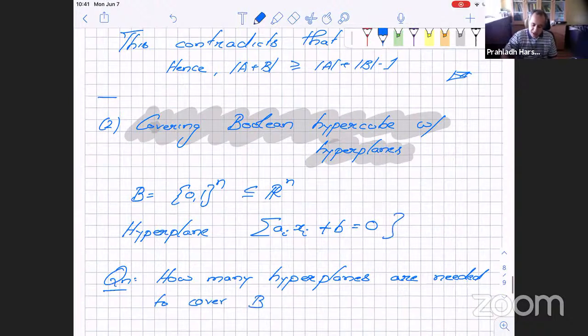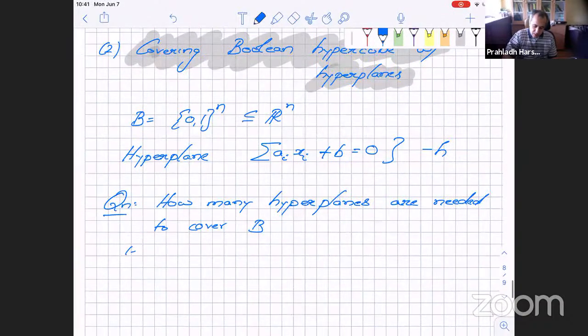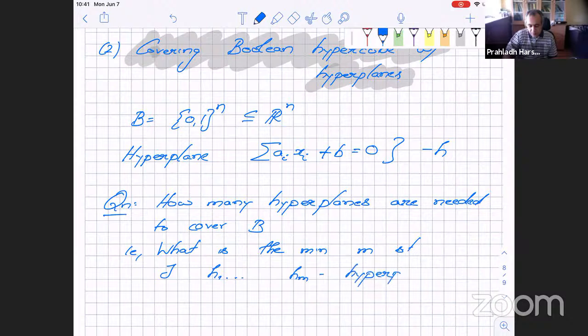So let's call each such hyperplane H. That is, what is the minimum m such that there exist H1, H2, up to Hm hyperplanes, so that for all x in {0,1}^n, there exists an i such that Hi(x) is 0?